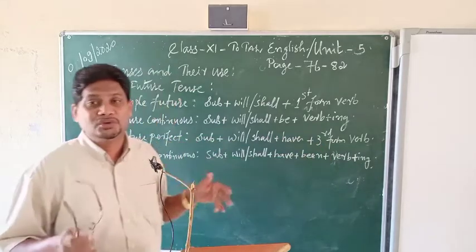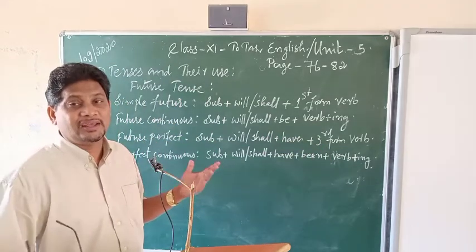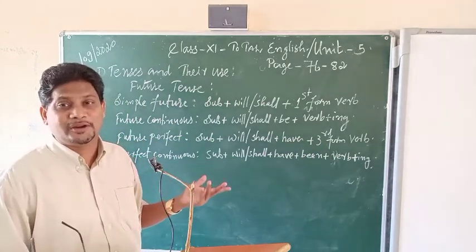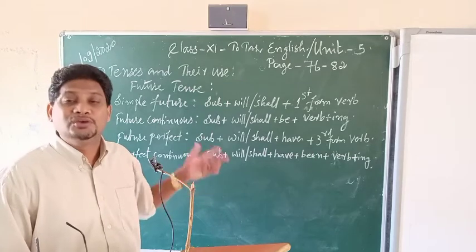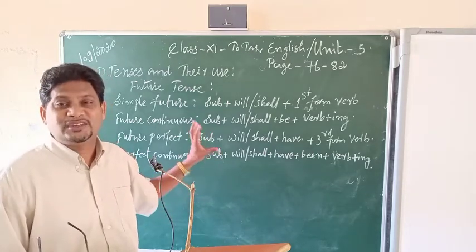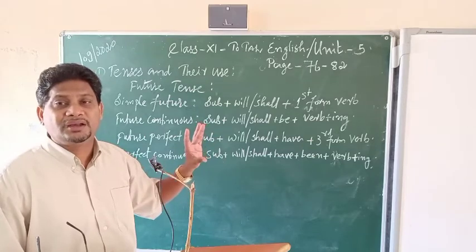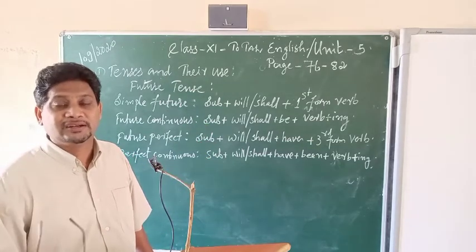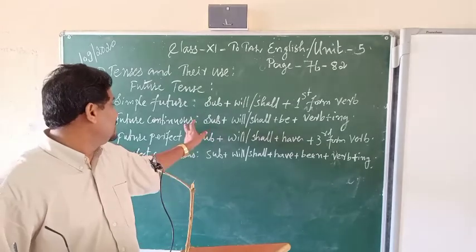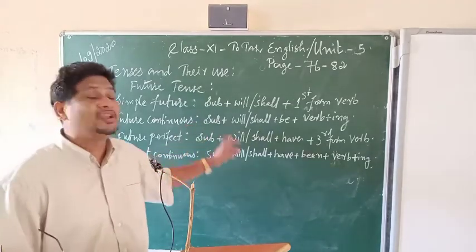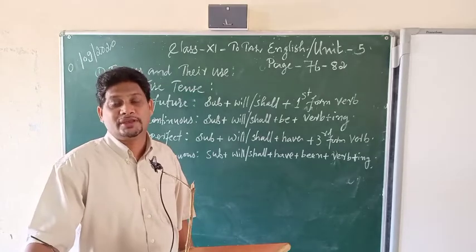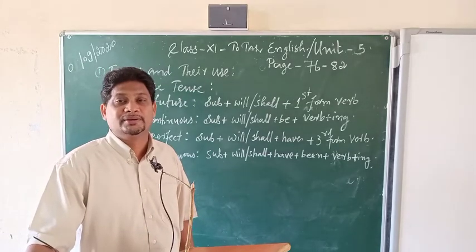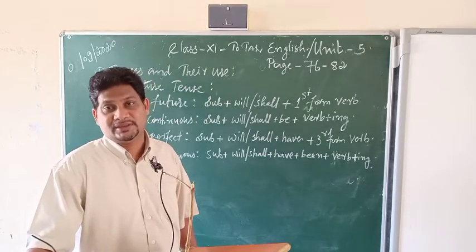I don't know how to teach this one again and again, because you are already in class 11, and as students of class 11 you must know, but I am just quickly refreshing your memory. If you don't know, please write and learn. Examples of future continuous tense: I will be going. She shall be coming. That way.